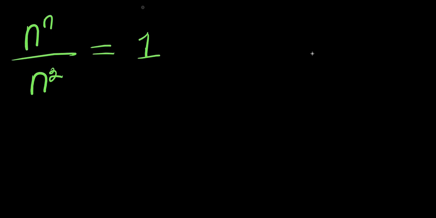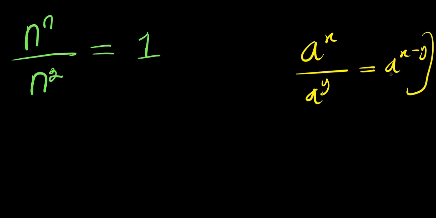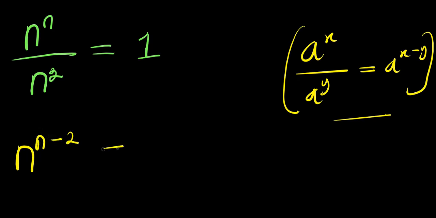Now consider this identity: a^x divided by a^y equals a^(x minus y). Applying this right here, I'll have n^(n minus 2) equals 1.